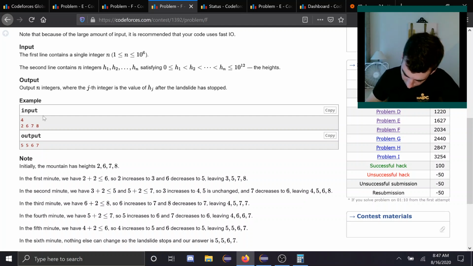So then the changes to this are 3, 4, 5, 5.